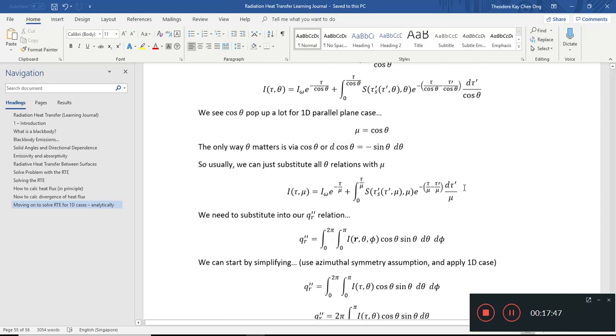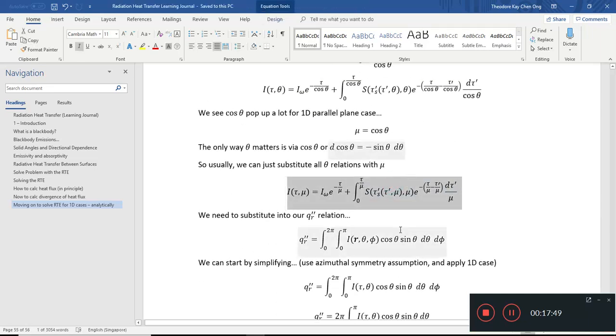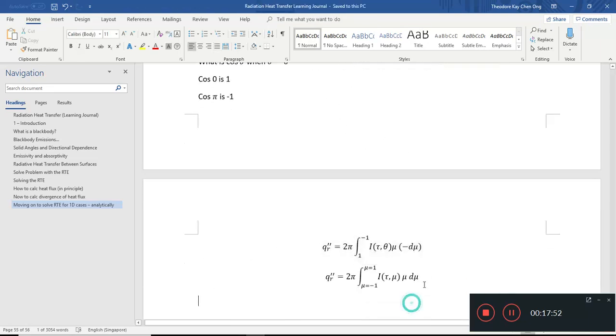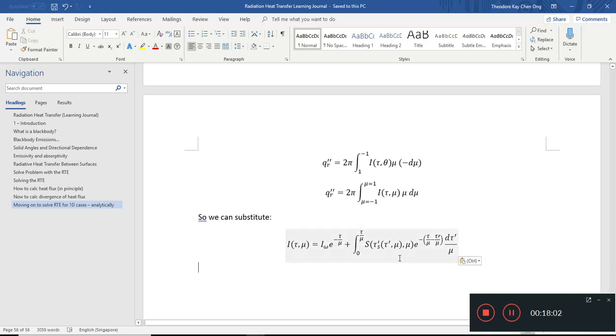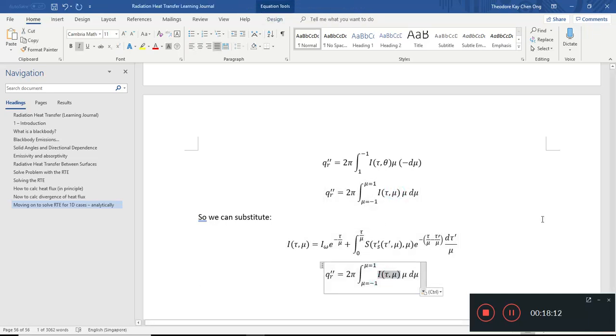So what is our expression for I tau mu? It is this expression over here. So we can substitute I tau mu there, from mu equals minus 1 to mu equals 1. We can just copy and paste this whole thing here.